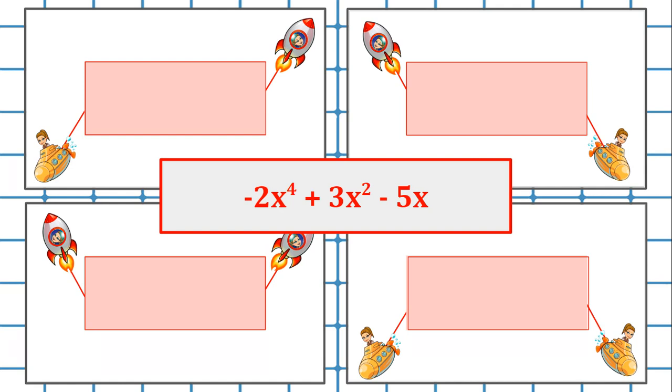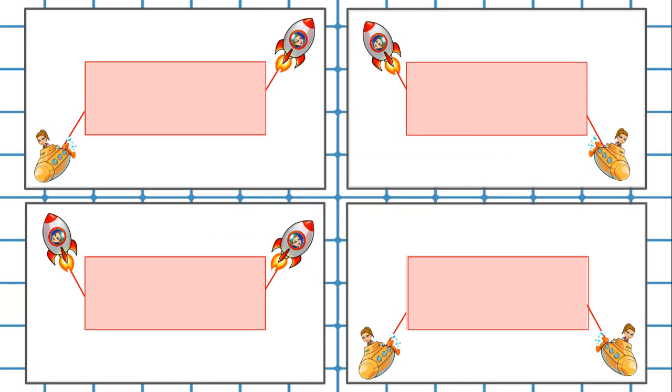My leading coefficient of that is -2. So that means they're going in the same direction and they're both going down. So I'm going to sort that into, as x approaches -infinity, f of x approaches -infinity. As x approaches infinity, f of x also approaches -infinity.